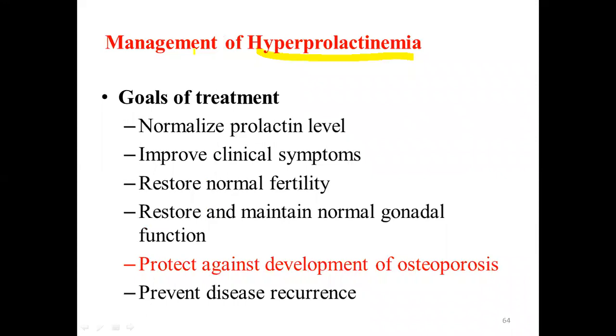Dopamine agonist. Why do we give a dopamine agonist? Because dopamine regulates prolactin levels. Yes, dopamine is the principal neurotransmitter that controls the level of prolactin. So we can give a dopamine agonist.